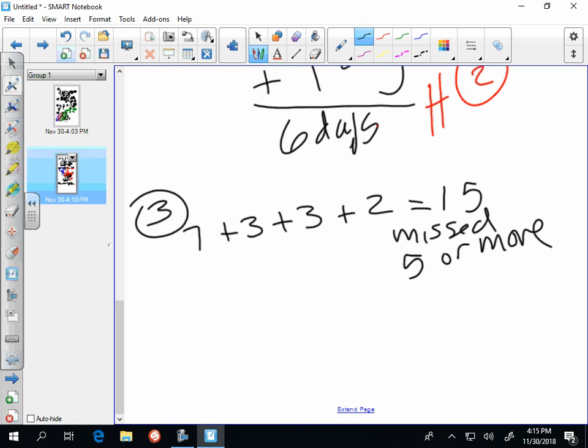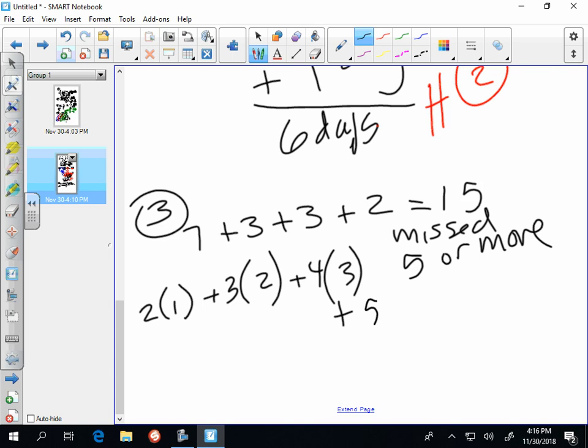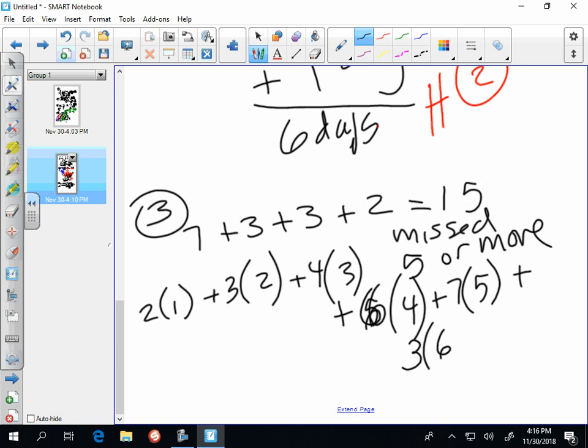But I noticed when I count out all the number of people, we had 2 people get 1 wrong, and we had 3 people get 2 wrong, and we had 4 people get 3 wrong, and we had 6 people, we jump up, 6 people got 4 wrong, and then our 7 people got 5 wrong, 3 people got 6 wrong, 3 people got 7 wrong, and 2 people got 8 wrong.